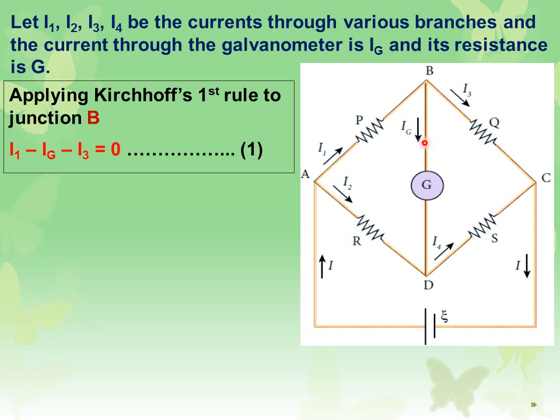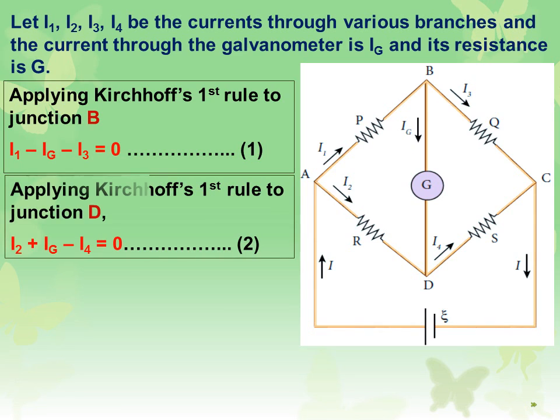One is Ig and the other one is I3. While having a positive current here, it loses it and gives it to I3 and Ig. So I1 minus Ig minus I3 is equal to 0.